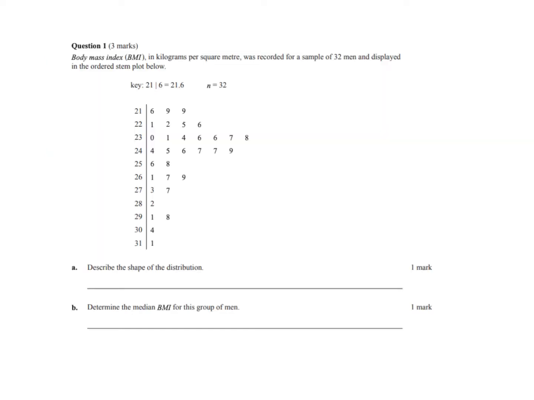Okay, the body mass index in kilograms per square metre was recorded for a sample of 32 men. They told us n, but they've written it there anyway. Describe the shape of the distribution. Because we have lots of data at the start and then it tails off, we say it is positively skewed. The next question says determine the median.